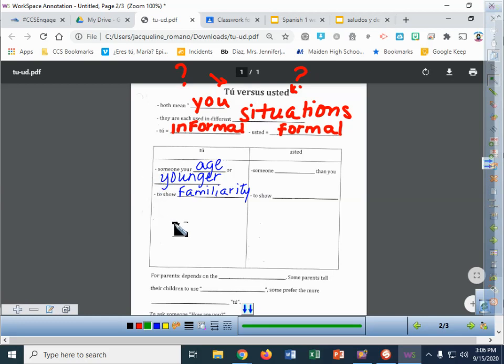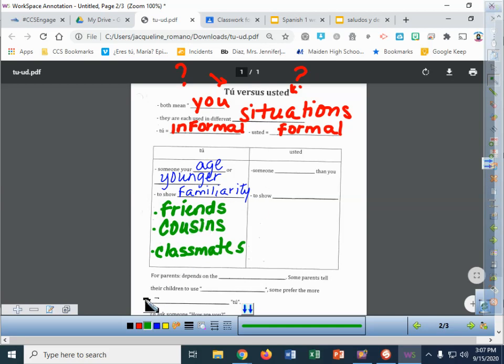So I will use tú when I'm talking to my friends, my cousins, and my classmates. You can also use it when you talk to your brother and sister or younger kids. So these are 3 examples on when you could use tú.